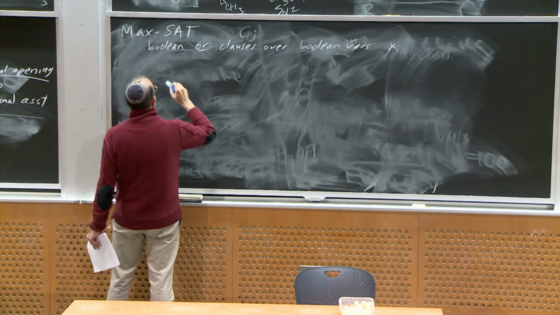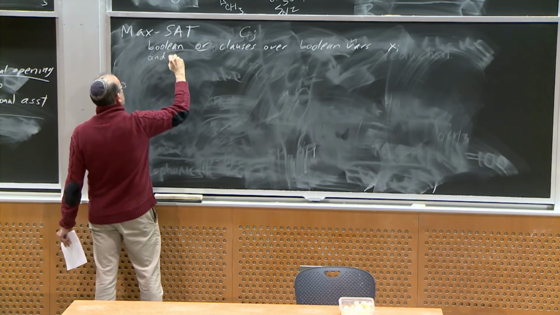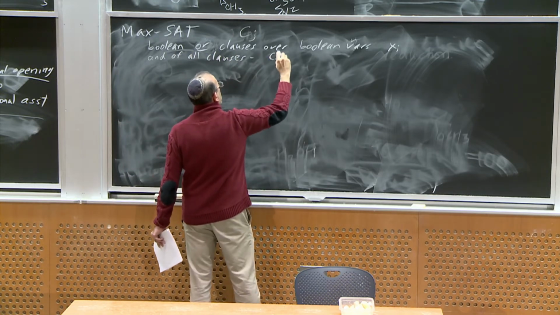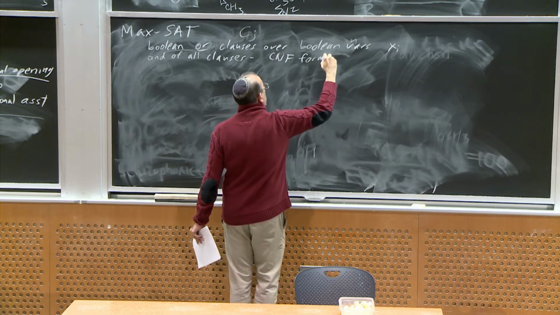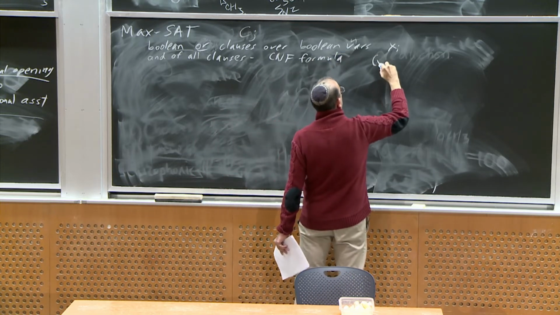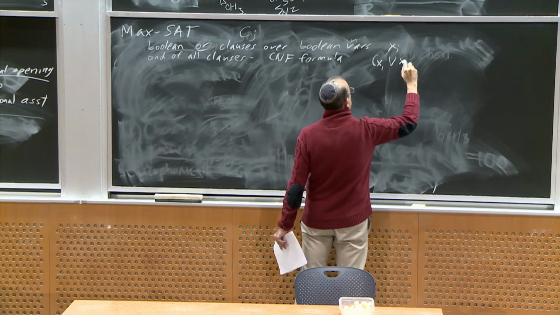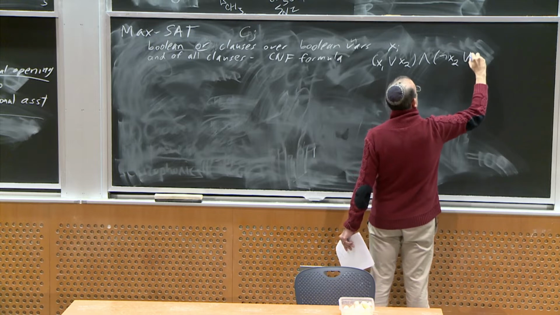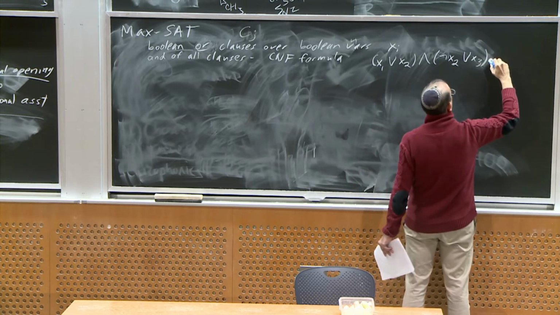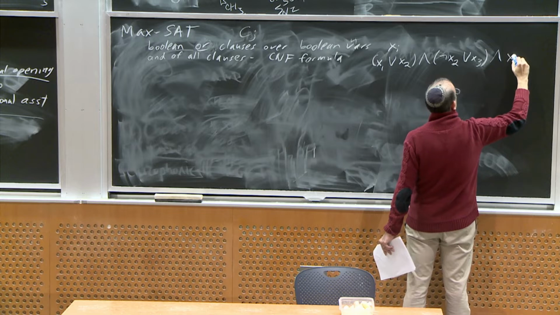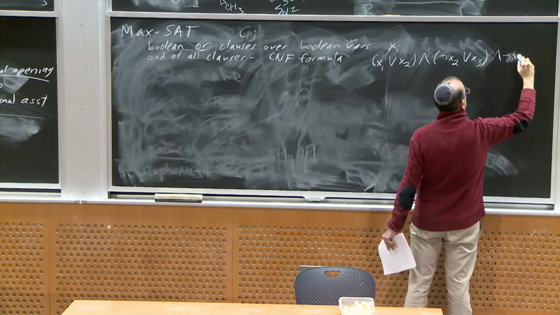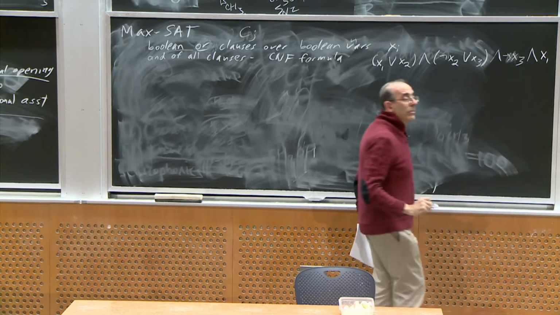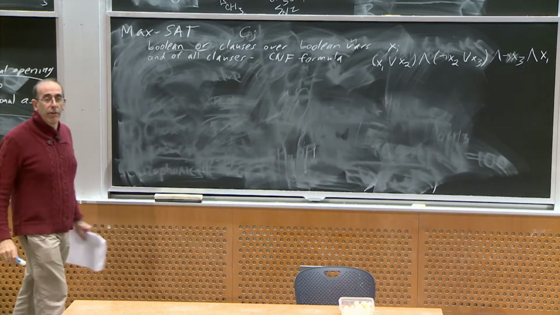And notionally, you want to think about an AND of all the clauses. So what we have here is a CNF formula. So this might be something like x1 or x2, and not x2 or x3, and let's say not x3, and x1.